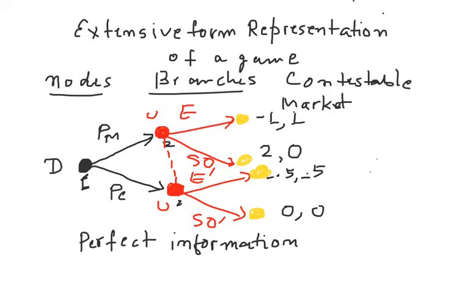The dashed line is telling you that United doesn't know whether it is at the upper node or the bottom node, meaning it's not aware of what Delta had chosen. So a game can always be depicted as an asymmetric information game where one party has more information than the other party. Delta knows what it's going to choose, but United doesn't know what Delta had chosen. So this is how you represent it by using a dashed line.